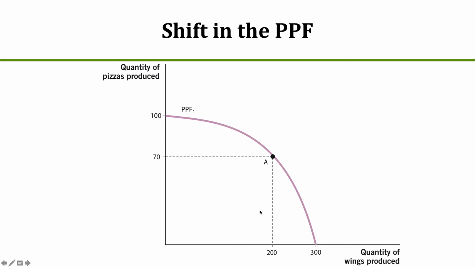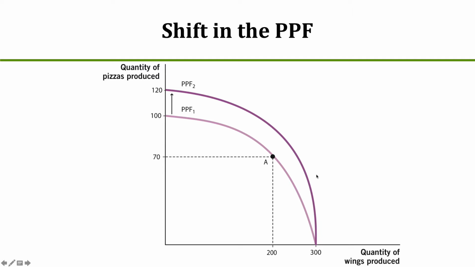So we will add new technology in this country, and this technology is going to be used only in the pizza production. If this is the case, the PPF will shift in one way only, and it will only increase the maximum amount of pizza production, but the maximum amount of wings production will stay the same. So the PPF will increase from 100 to 120, and as you can see, this dark purple line will be our new PPF, our final PPF.